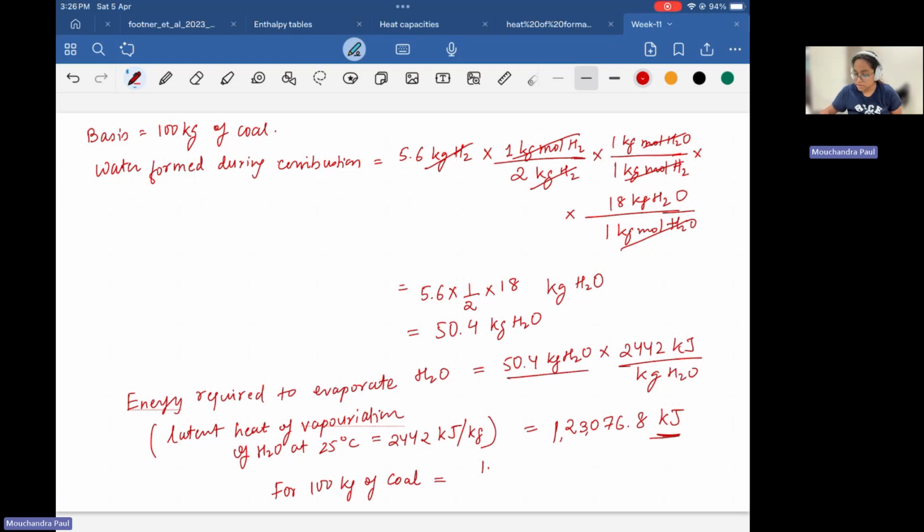Now this 50 kg of water will be generated when you burn 100 kg of coal.